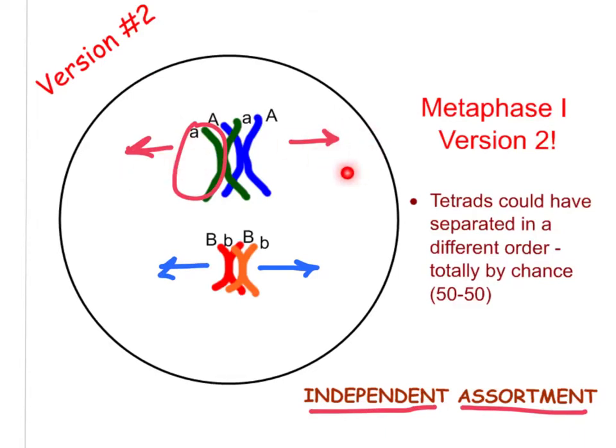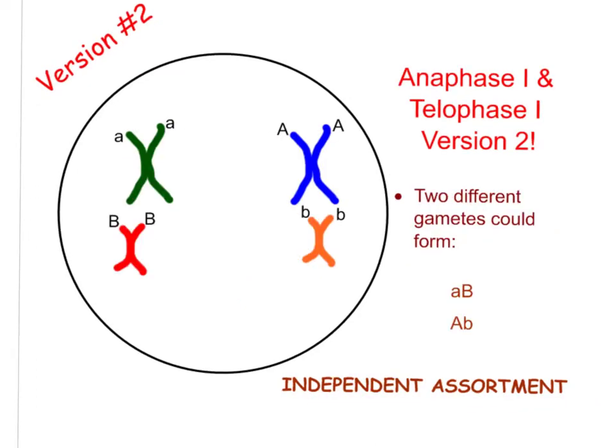And that is where we get our 4 different possibilities. The tetrads could have separated in a different order, and it is totally by chance, a 50-50 chance for each one of those traits. This would be what would have happened had we had these assort differently, where we have the little a on this side.